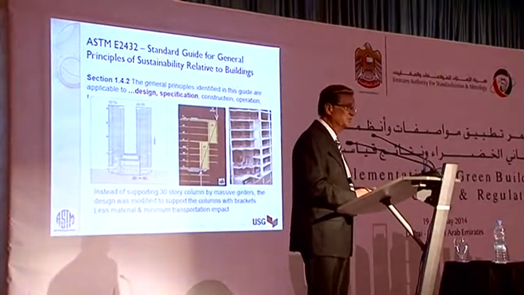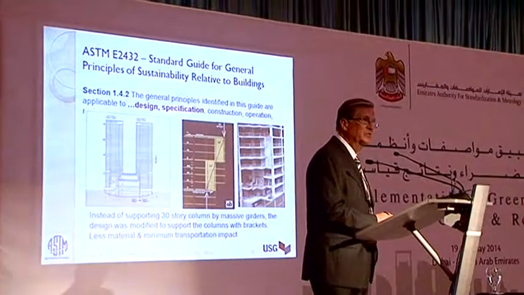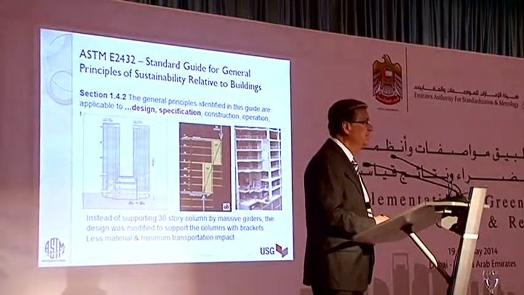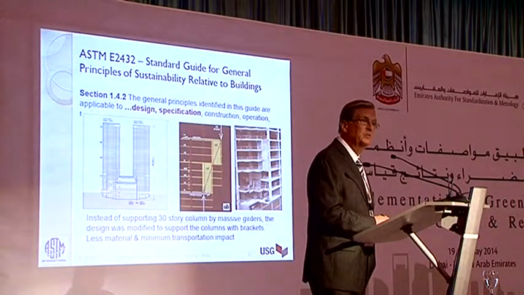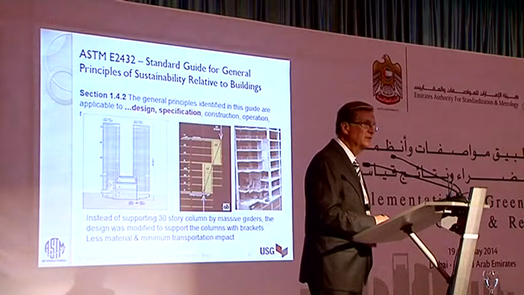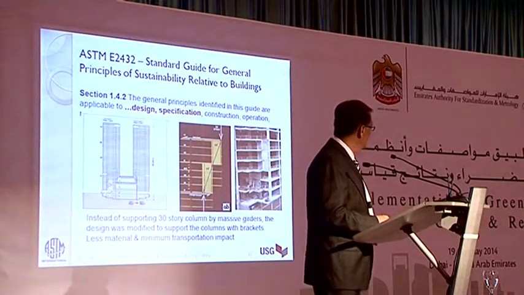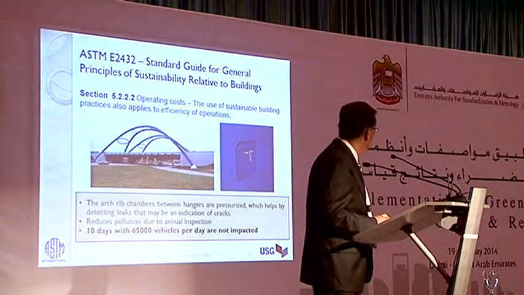It was possible to support the columns without having to bring in those girders. Not only were there cost savings for the structure itself, but also for the urban community around it, since eliminating the need to bring in those large girders considerably helped the community in avoiding traffic backups and tie-ups.